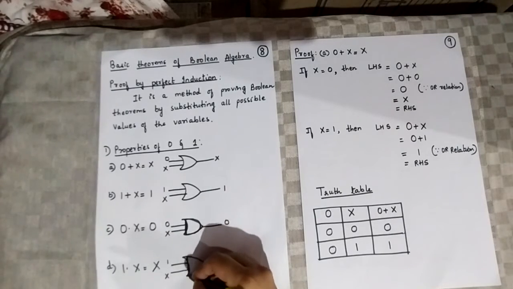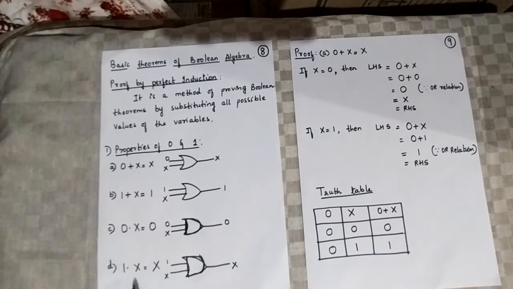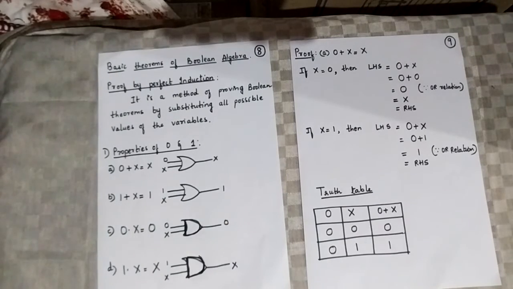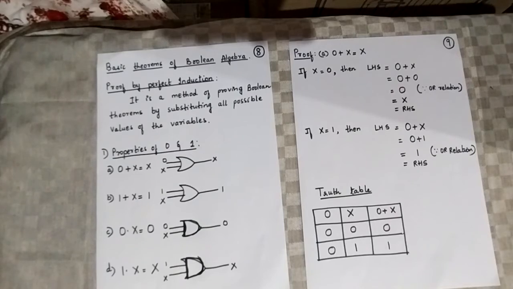Moving to the next one, which says 1 dot x results in x. Here to the left hand side, I am having 1 and then x. So I am showing the inputs 1 and x to the AND gate, which is going to result in x as the output. Okay. So these are the properties of 0s and 1s.